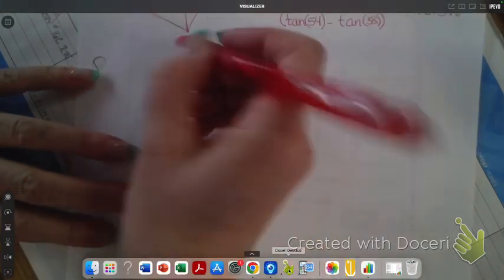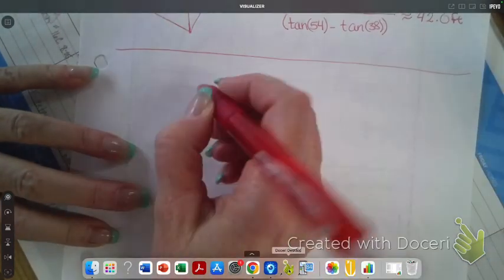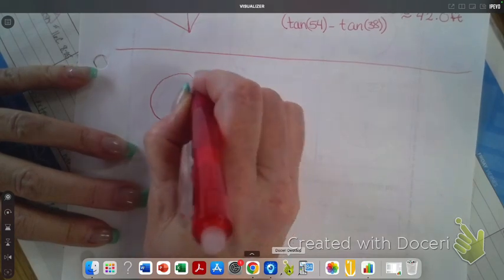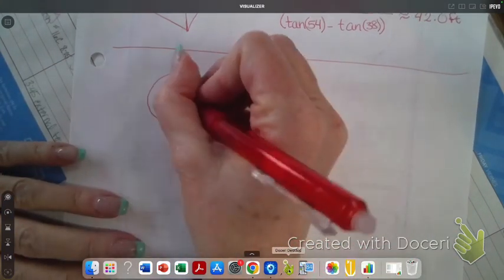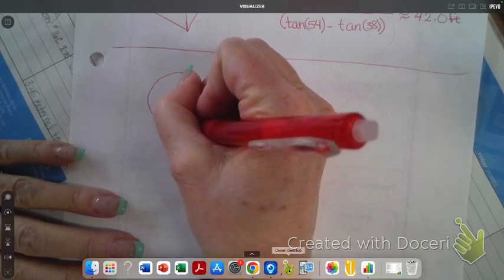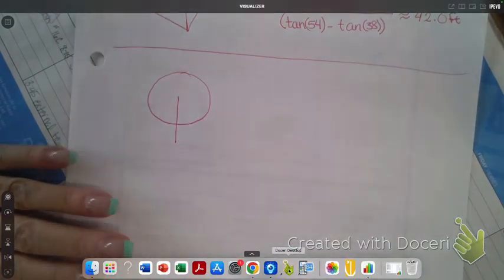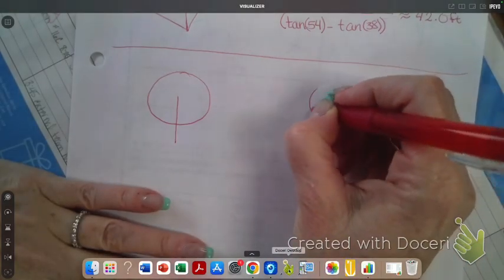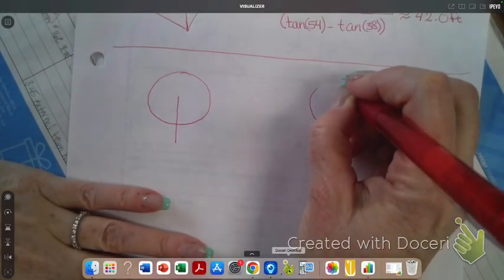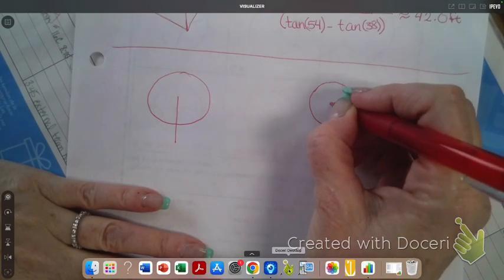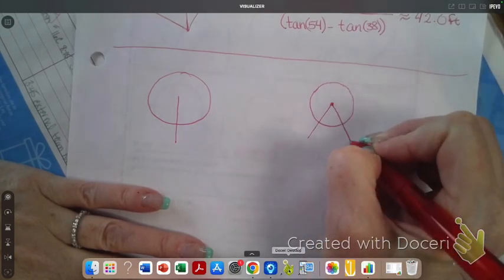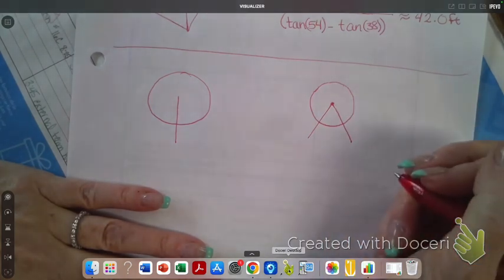So what would a crude picture of a Ferris wheel look like? Circle. Well, we'd go from like the center to the ground, correct? Now, some people will draw their Ferris wheel like this, and they'll put their center, and then they do this, because that's actually what it looks like that supports it, correct?